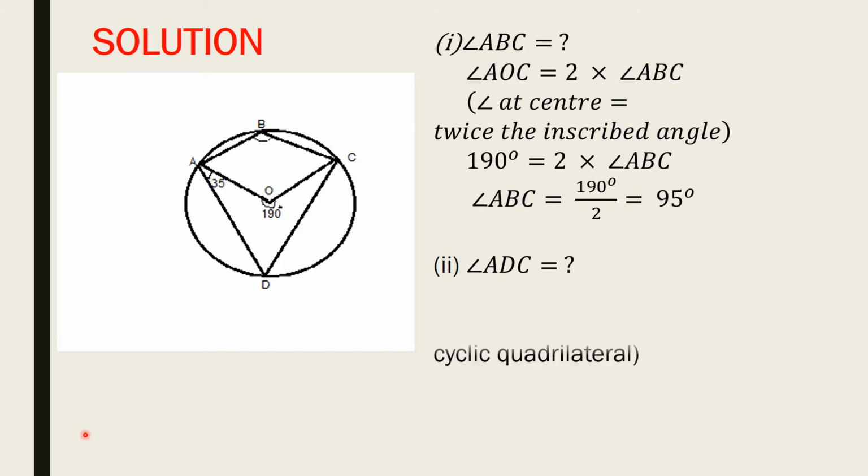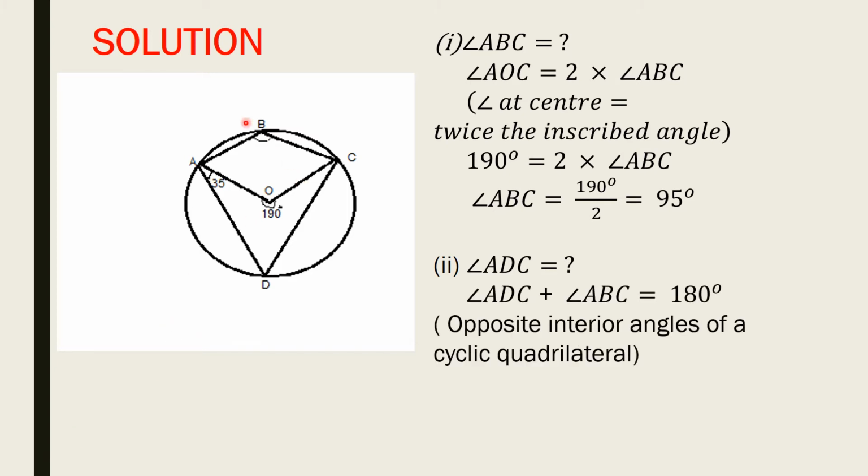If we sum angle B and angle D, they give us 180 degrees. So angle ADC plus angle ABC is 180 degrees.